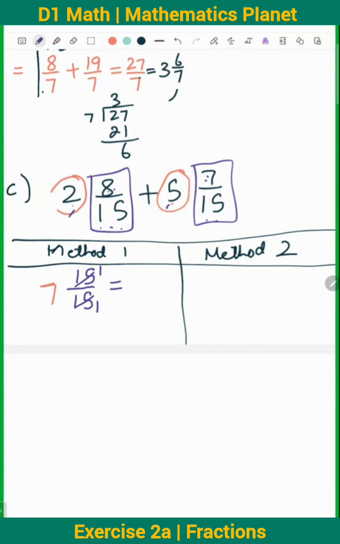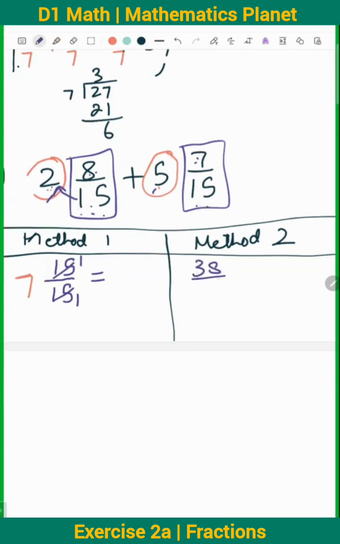Now convert this into the improper. 15 times 2 is 30, 30 plus 8 is 38 by 15. Got it? Plus 15 times 5 plus 7 is 82 by 15. Now adding them, 38 plus 82, 120 by 15.